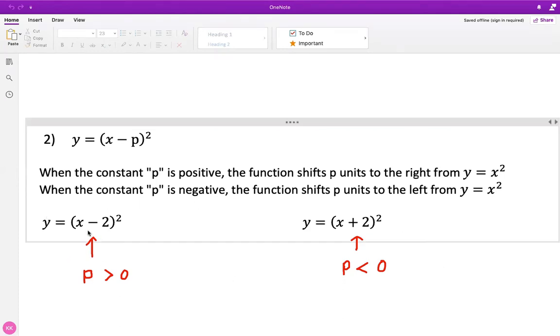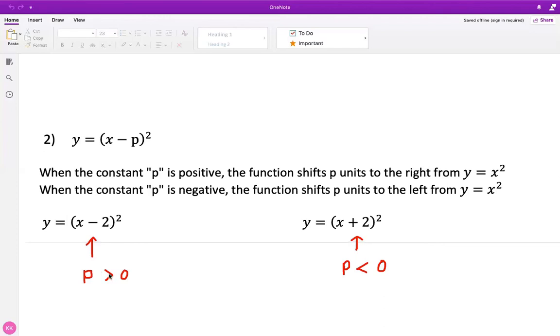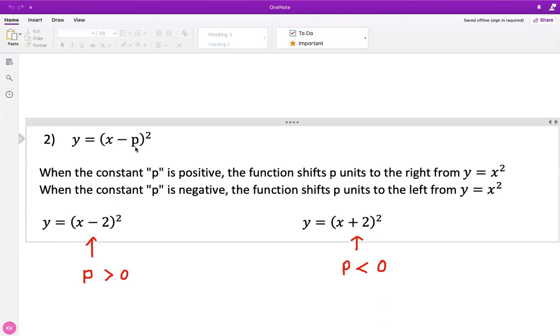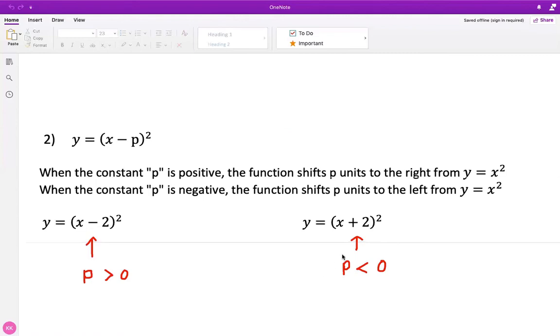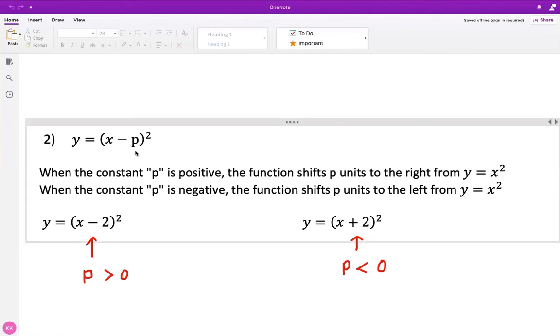We have x minus 2 squared, where the constant is greater than 0, so it's positive. When the constant is negative, I expect to see a plus sign here, because the negative sign cancels out and turns this into a positive sign. So we have x plus 2 squared.